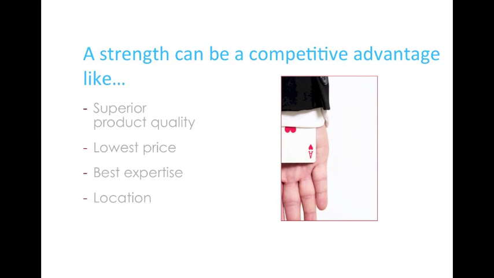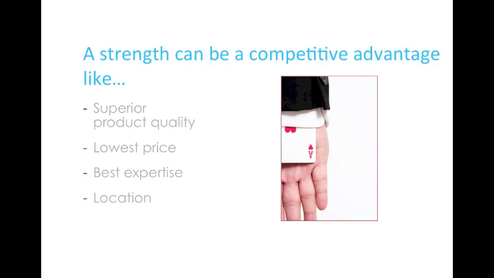And so these are just some examples. I think most of you are familiar with examples of SWOT analysis, but here's a case here. We could have superior quality, lowest price, best expertise, great location, wonderful facility, strong partnership relationships, an efficient supply chain.